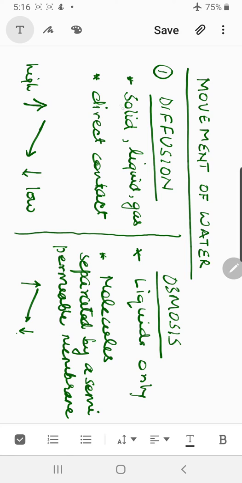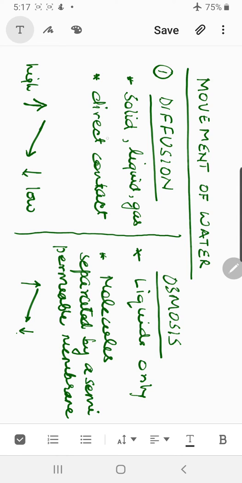All three states of matter can undergo diffusion. But osmosis you may say is a subcategory of diffusion, because this is also movement of molecules from higher concentration to lower, but this occurs only in liquid, that means water or any solvent.